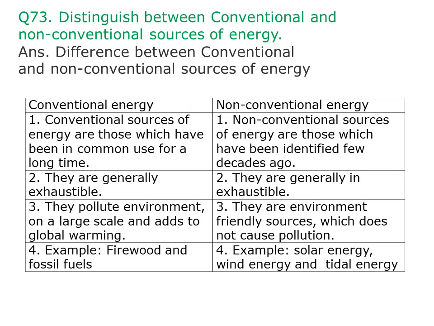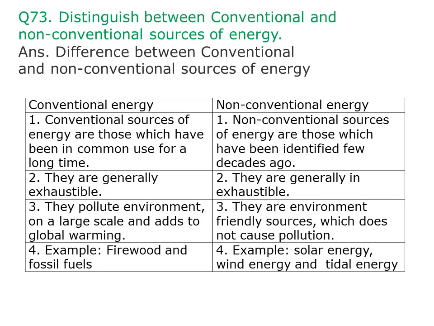Distinguish between conventional and non-conventional sources of energy. Conventional sources of energy are those which have been in common use for a long time. They are generally exhaustible. They pollute the environment on a large scale and add to global warming.